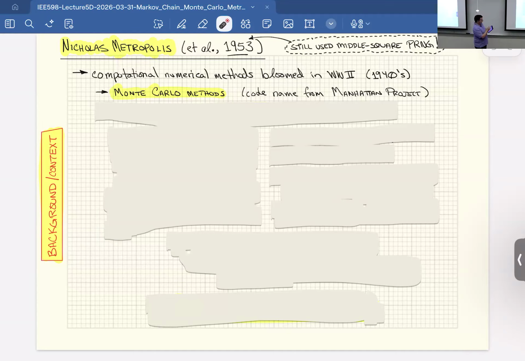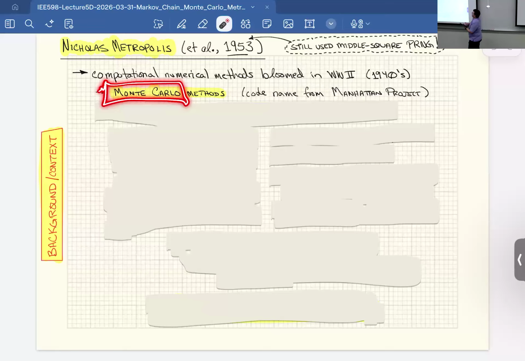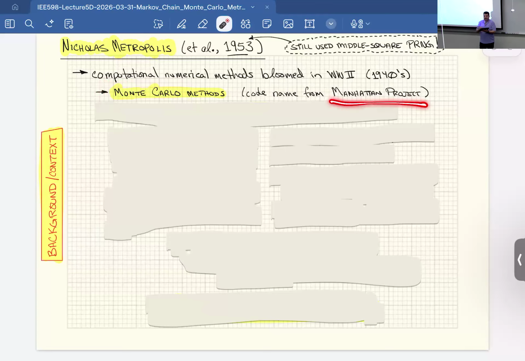But this was Metropolis, and the team were looking for computational methods they were developing. The background context was that around World War II, Monte Carlo methods became a very popular technology. The term Monte Carlo was a code name in the Manhattan Project for this idea of solving numerical problems by randomly sampling from them. Monte Carlo is a group of casinos, and so that's where the name came from.